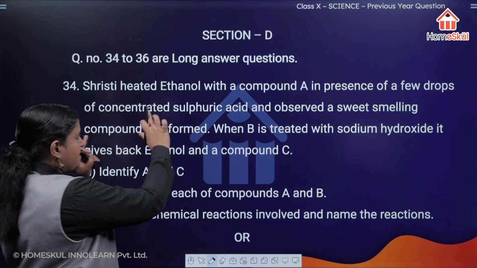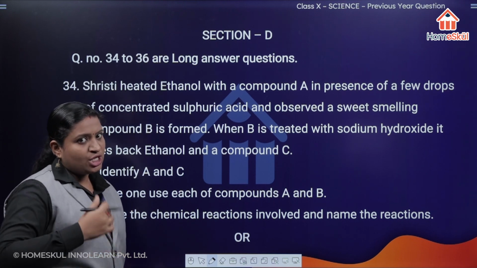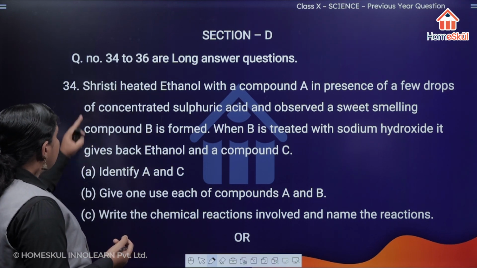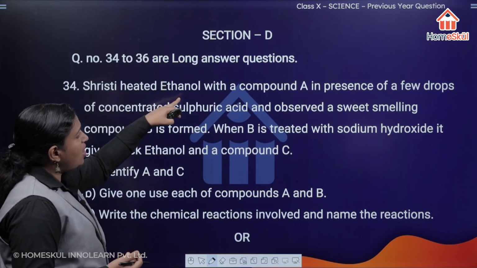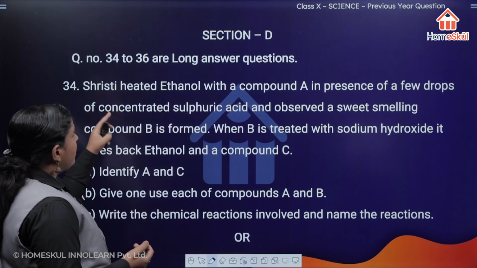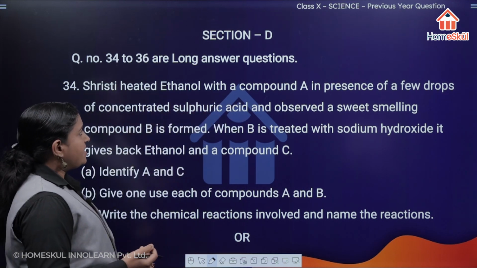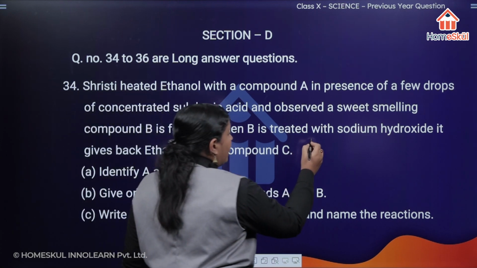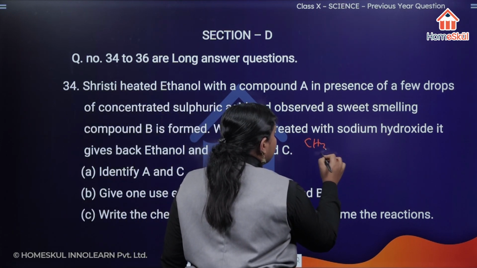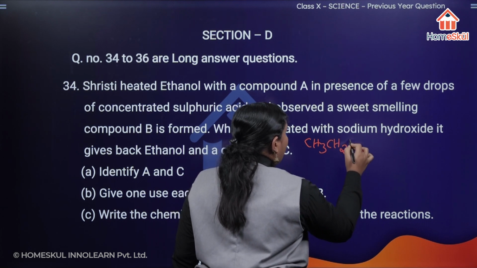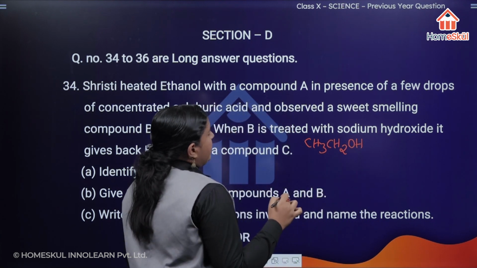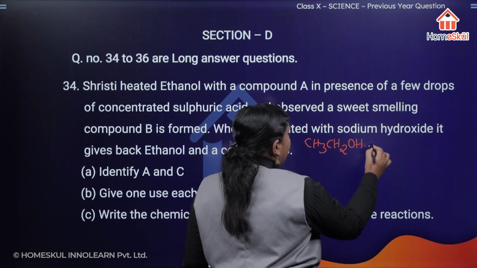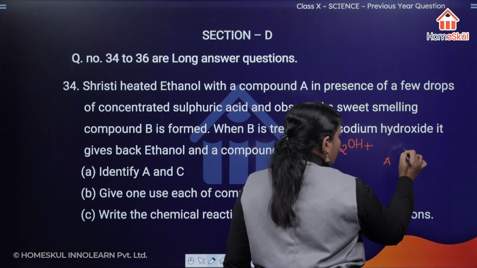So, let's represent this first sentence into a balanced equation. What is happening here? Ethanol combines with A in the presence of sulfuric acid. What's the formula of ethanol? Ethanol is CH3CH2OH. When ethanol combines with A, we don't know that.